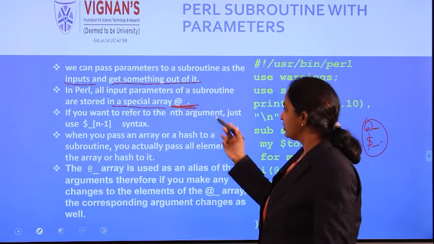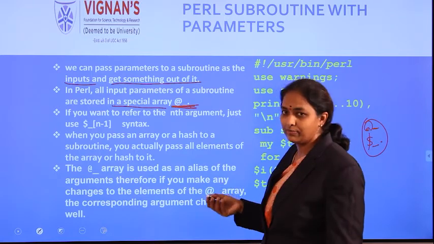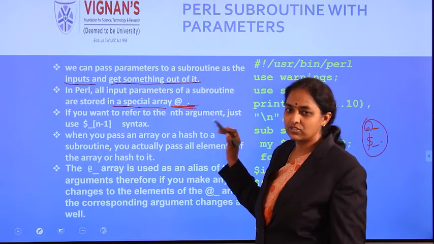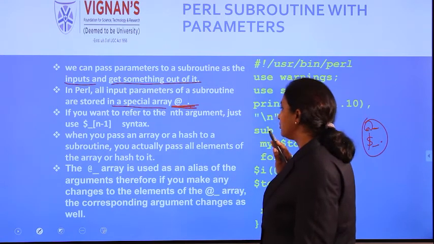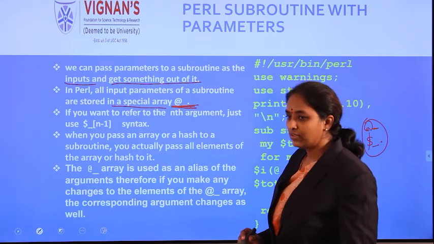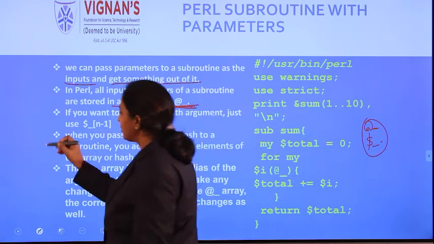After that, suppose this is an array and you want to access the nth element or nth argument. We use this for passing the argument into the function. Suppose you want to access the nth argument: as you know, indexing starts from 0, so the nth argument is nothing but n-1.